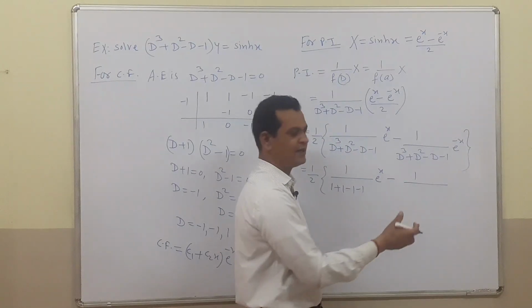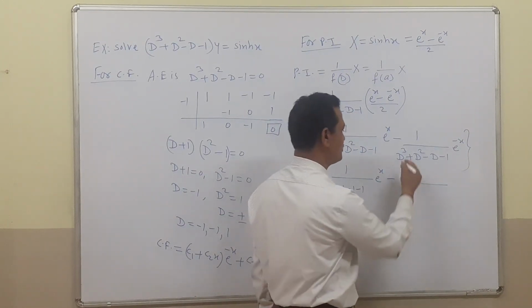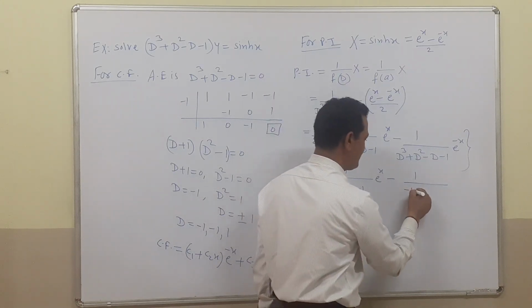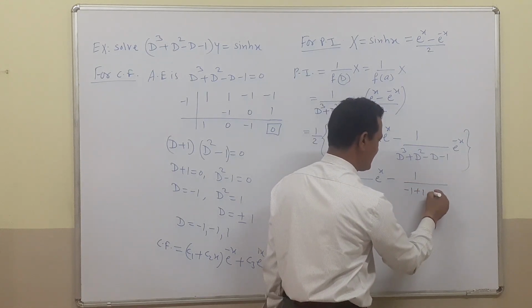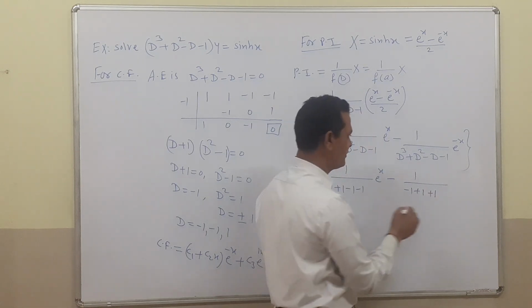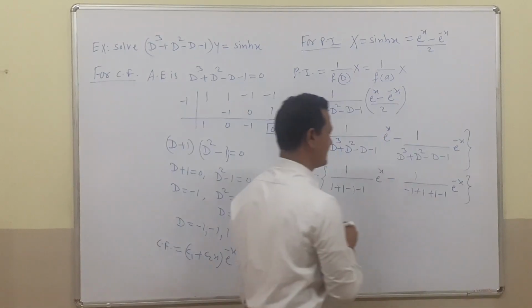In this second term, value of a is minus 1. So minus 1 cube is minus 1, plus 1 minus 1 square is 1, again minus plus 1, this is minus 1 into e raised to minus x.